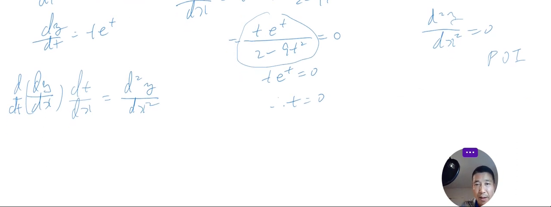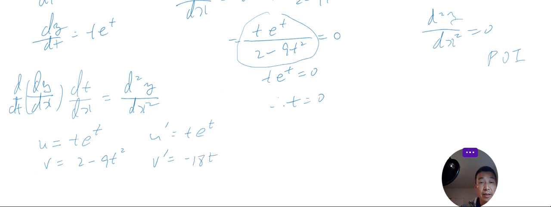So let's do that. Now, to differentiate that, you have to use the quotient rule, unfortunately. So say u equals t e to the power of t, and v equals 2 minus 9t squared. So u prime equals what? t e to the power of t, right? v prime is minus 18t.